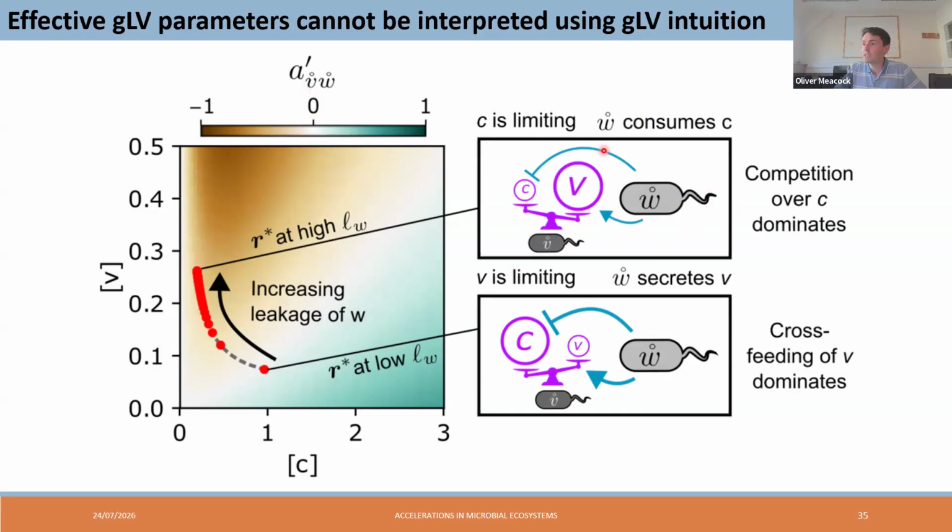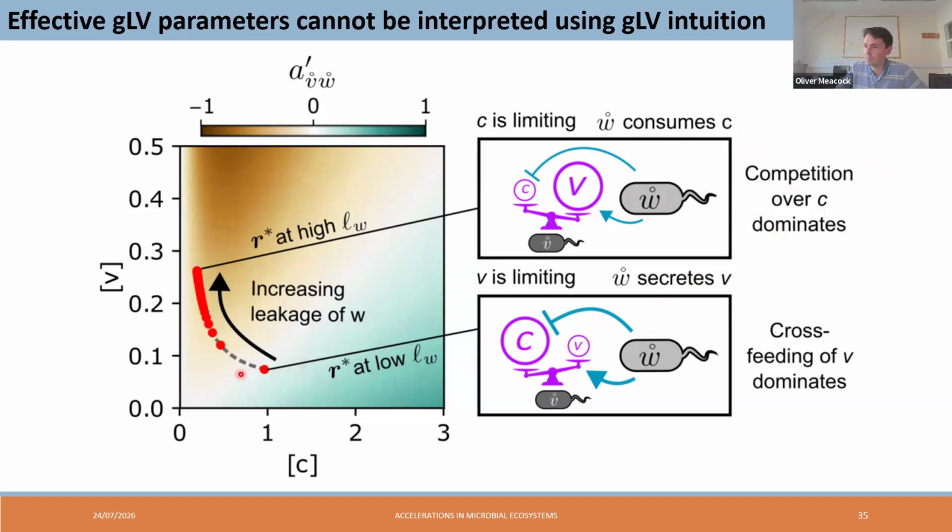So if we now try and interpret what this biotic acceleration is actually representing, well, over here we're in a carbon-limited environment where we have not very much carbon, but a lot of amino acids, and the interaction partner is consuming that carbon. So we should expect this competition over the carbon to dominate.